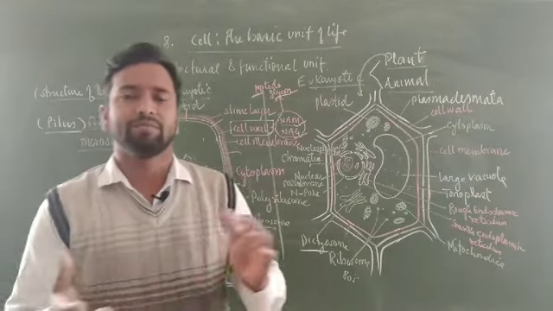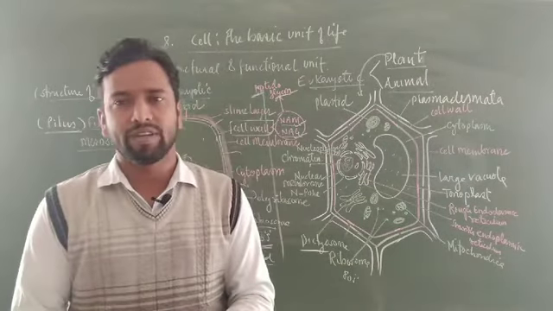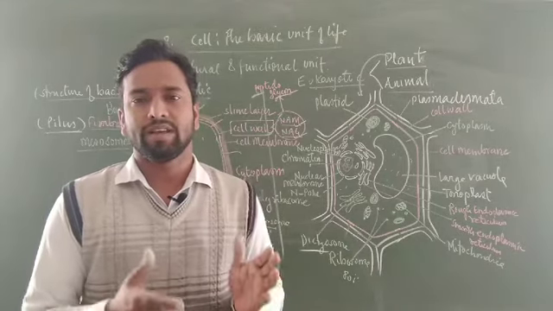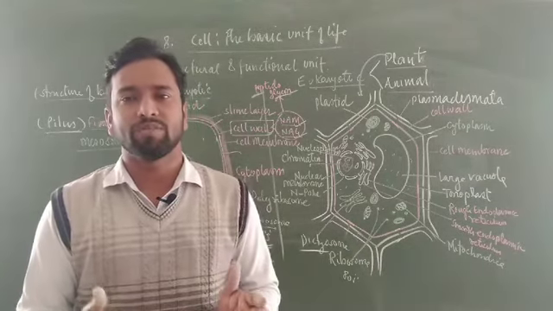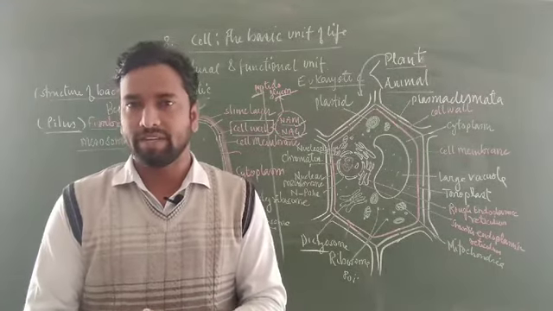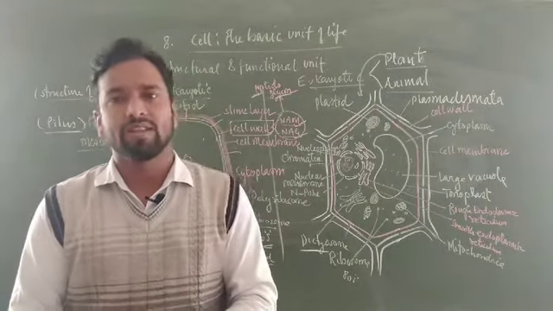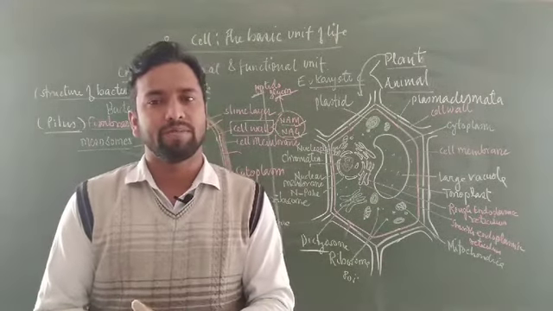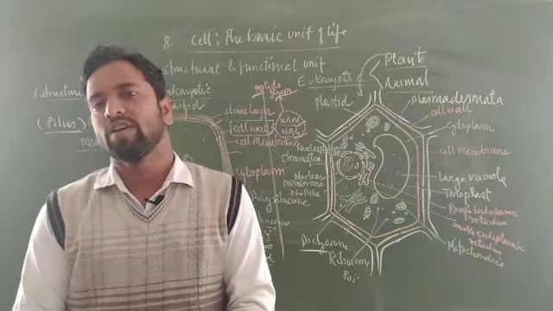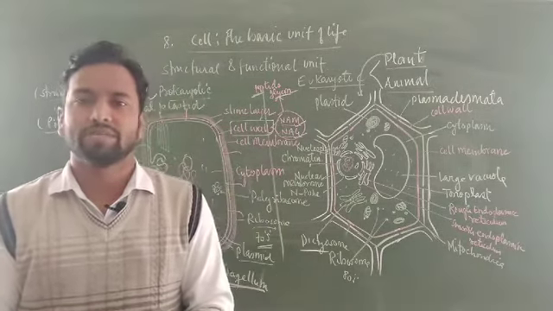That's why many types of cells are found in plants, and different cells differ in the composition of the cell wall. Some living cells, meristematic cells, are made up of cellulose, some dead cells are made up of suberin, some other cells made up of hemicellulose. These are the different constituents of the cell wall.